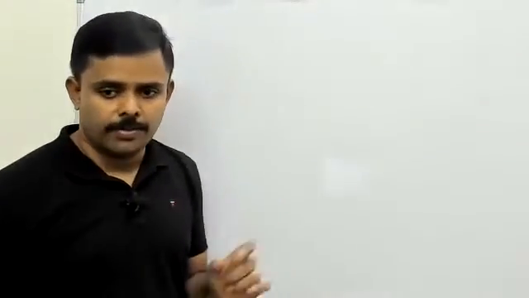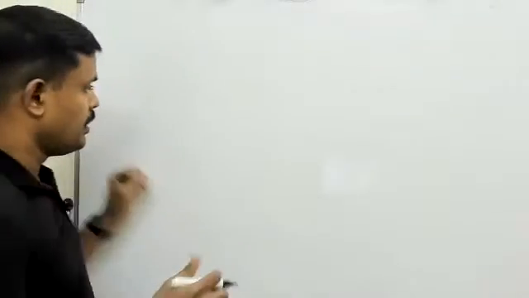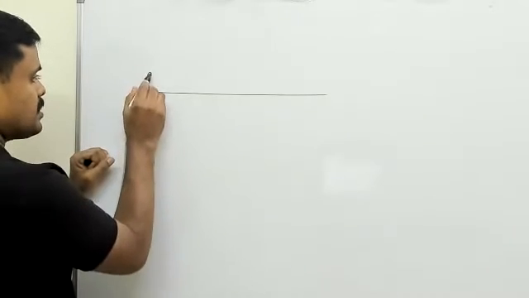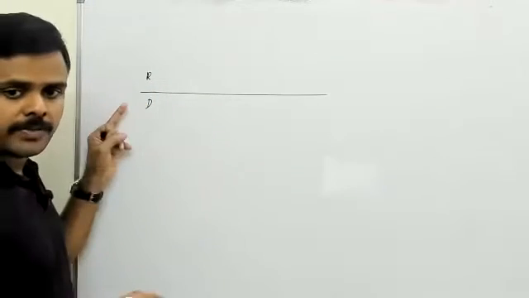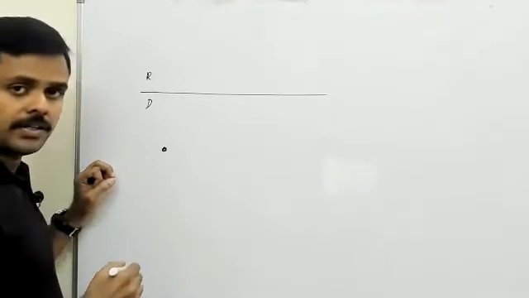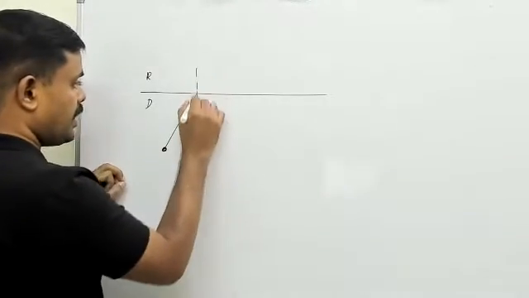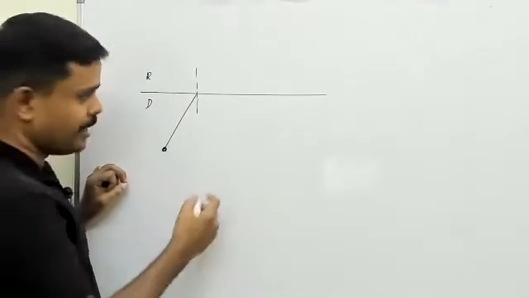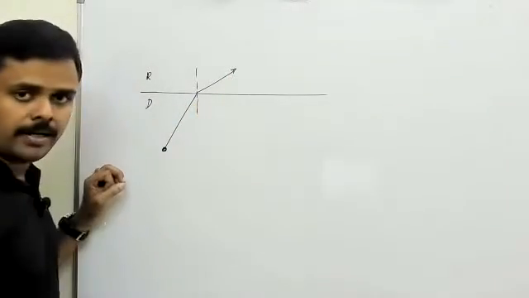So that sums up the first section, and we have one more point here on critical angle. I'll tell you what. We have a medium here. This is a denser medium and this is a rarer medium, and we have a bulb or something here from which light rays are falling at the boundary. It is going from a denser to a rarer medium, so it has to bend away from the normal.